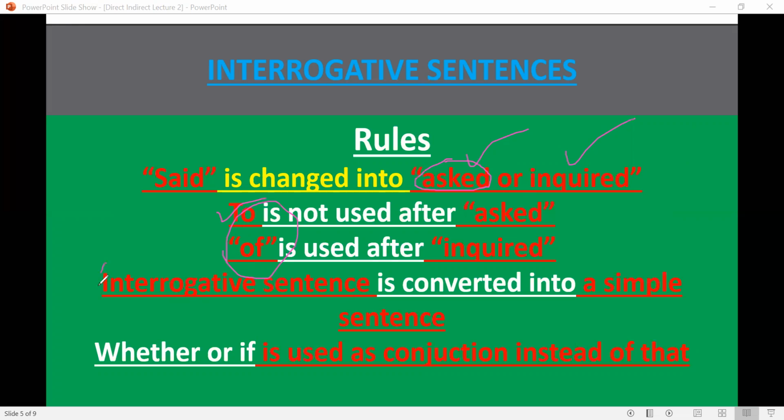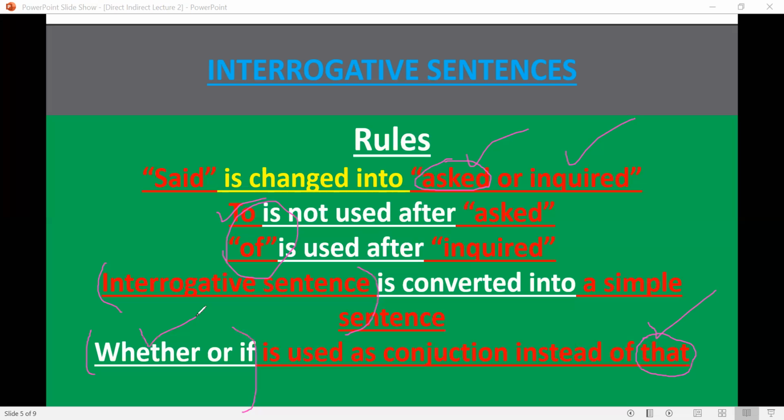The interrogative sentence is converted into a simple sentence. Are you going? We will change it to: you are going. And the conjunction whether or if is used instead of that. In assertive sentences we use that as a conjunction, but in interrogative sentences we use whether or if.